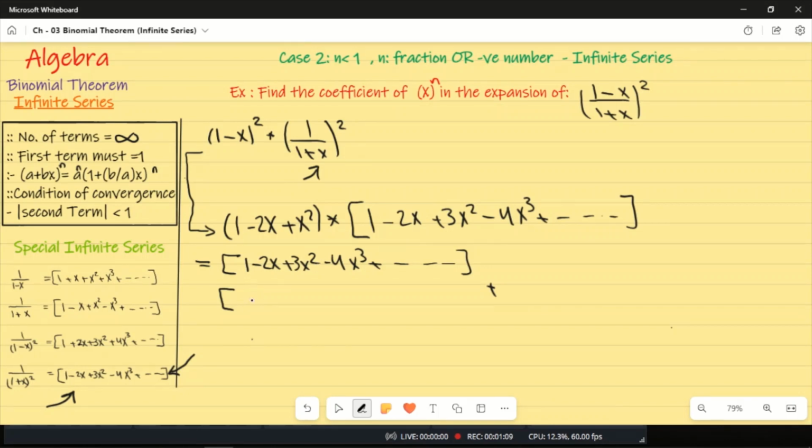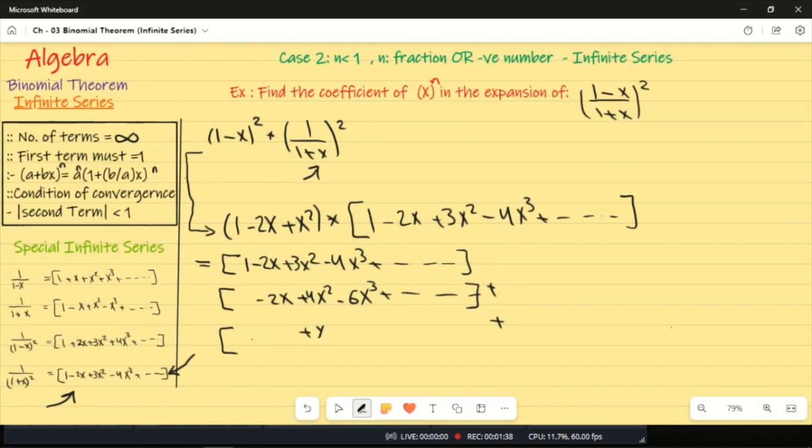So we have here negative 2x, 4x squared, and 6x cubed and so on, plus multiply x squared.